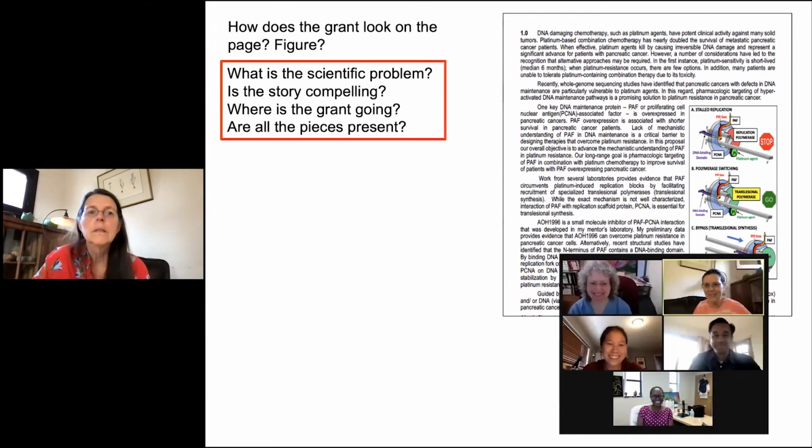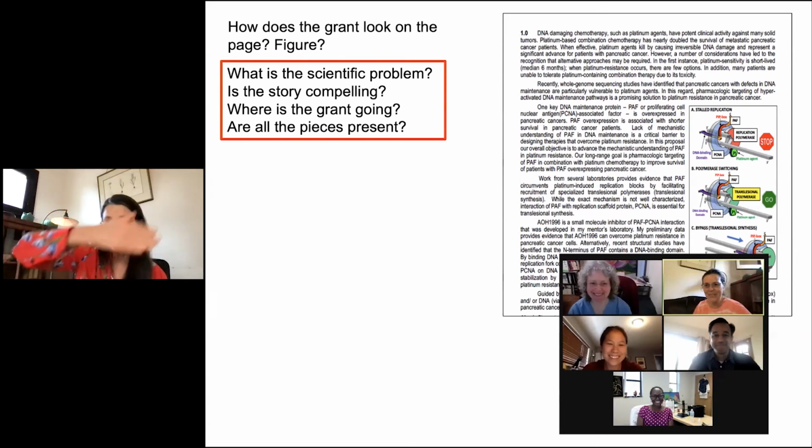Now, the next thing is we read the first paragraph out loud and we say, okay, what's the scientific problem? Because a lot of times what the first paragraph says and what the hypothesis says don't match. Is the story compelling? Do we have a sense of where the grant is going?